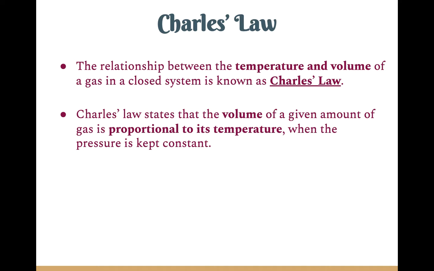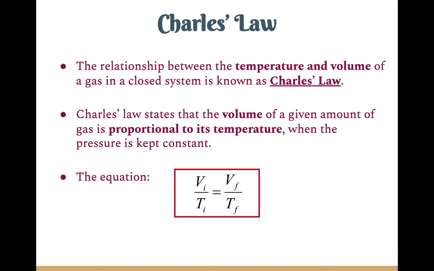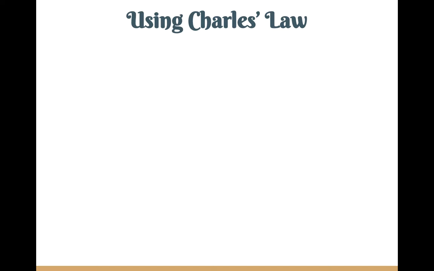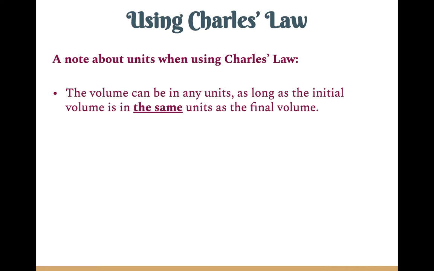And this can also be expressed mathematically with this equation. The initial volume over the initial temperature is equal to the final volume over the final temperature. And we can use that equation to calculate for one of those unknowns. So first, let's talk about the units that are needed when we're using Charles's law.